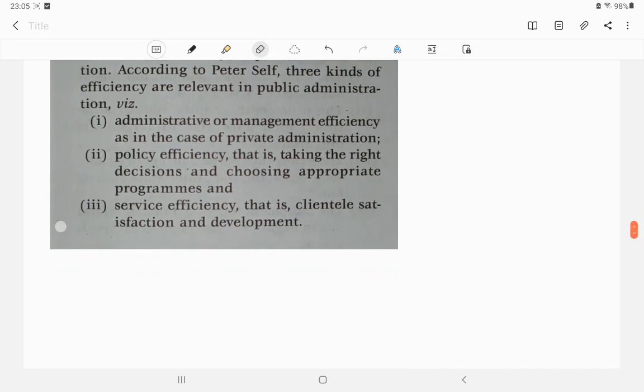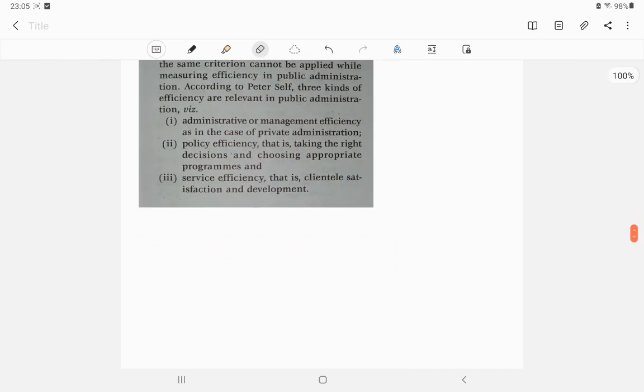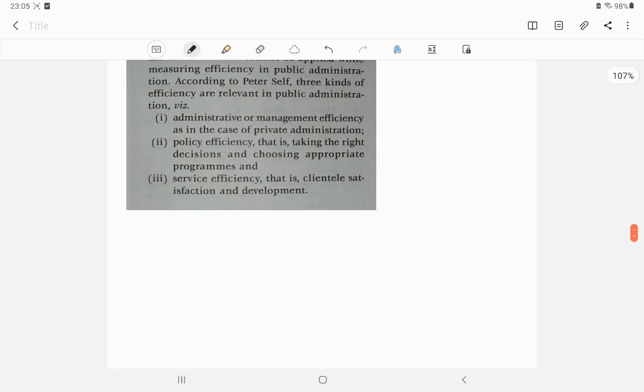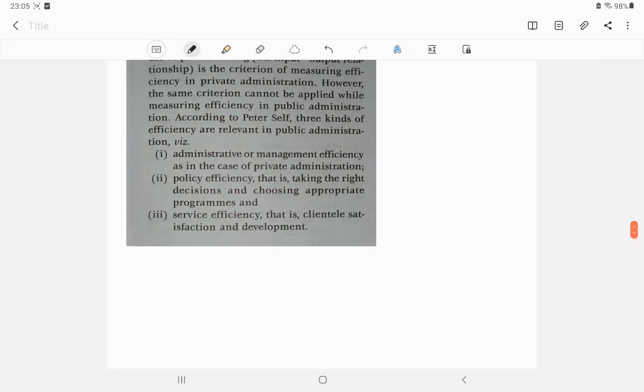So these are the differences between public and private administration. What are the differences? If we look at this, first it will be the political direction.